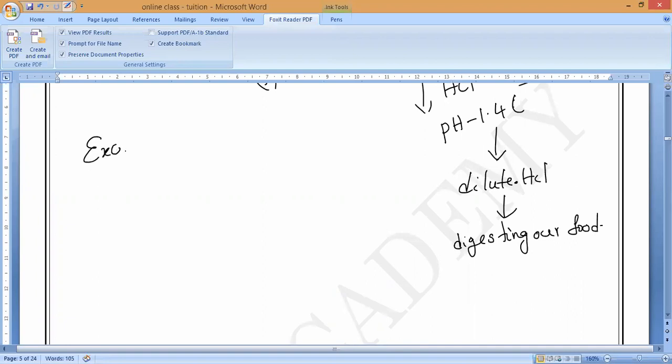So sometimes, because of biological reasons, excess acid is produced in the stomach. There may be various reasons, and one of the main reasons is overeating. Overeating is the main reason for what? Indigestion, acidity.